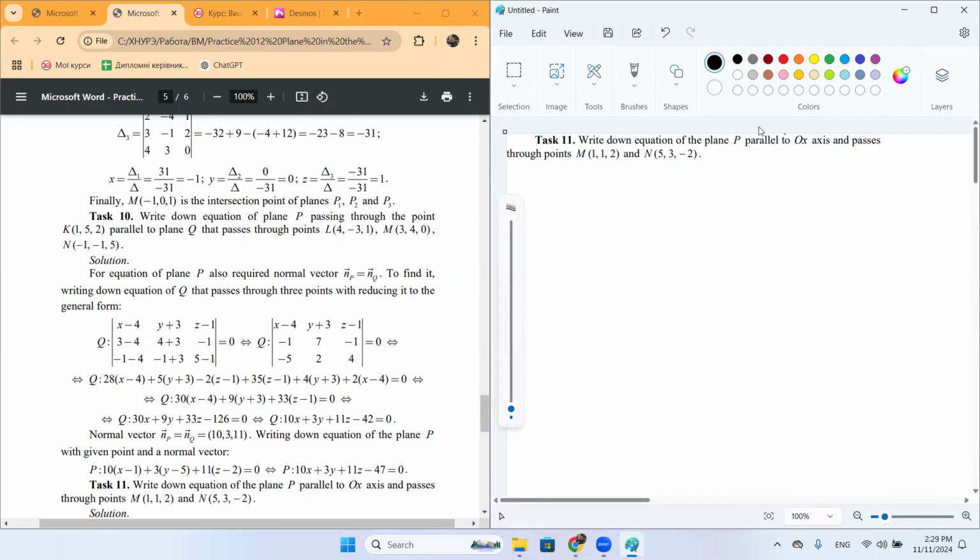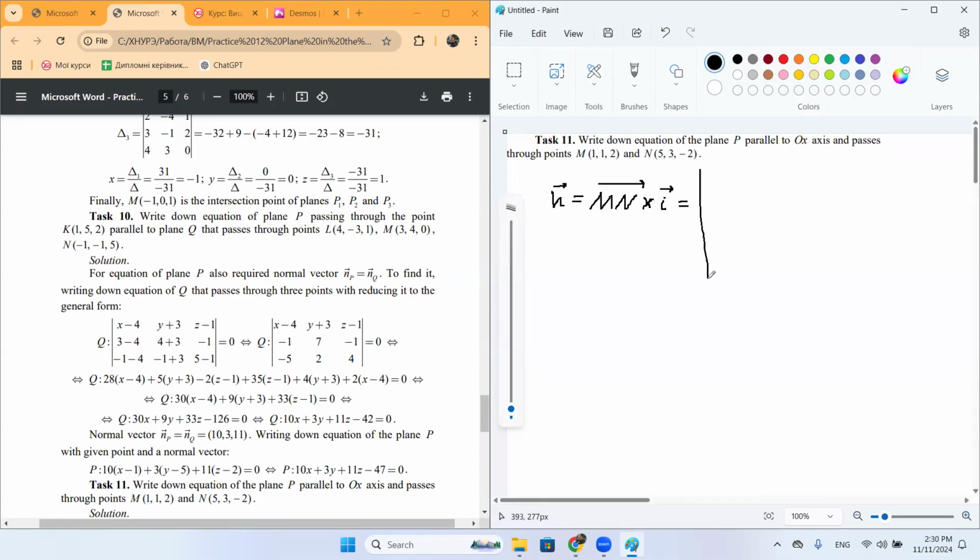We know that plane P is parallel to axis OX, so we can find the normal vector of plane P as the cross product of vector MN and vector i, because it's parallel to axis OX.